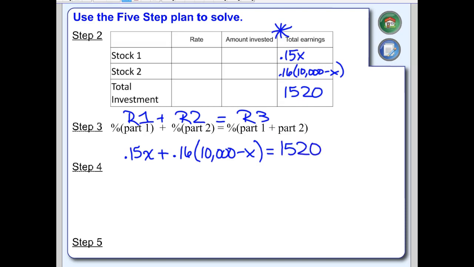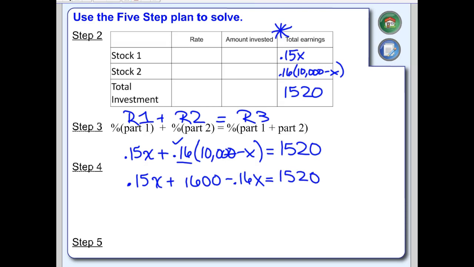Now I need to take care of my distributive property here. So we've still got 0.15x, 0.16 times 10,000. Did you realize we got to get rid of 2 decimal places there? 2 zeros because of the 2 decimal places. Minus 0.16x equals 1,520.